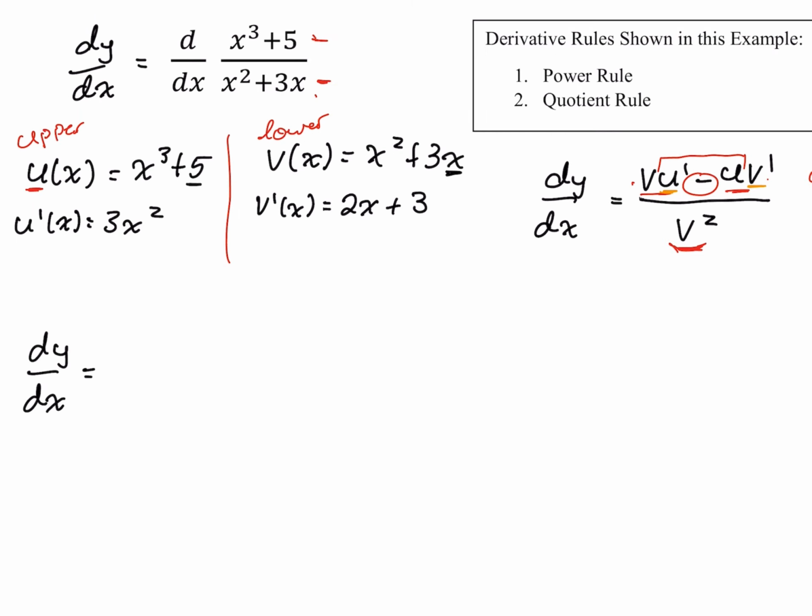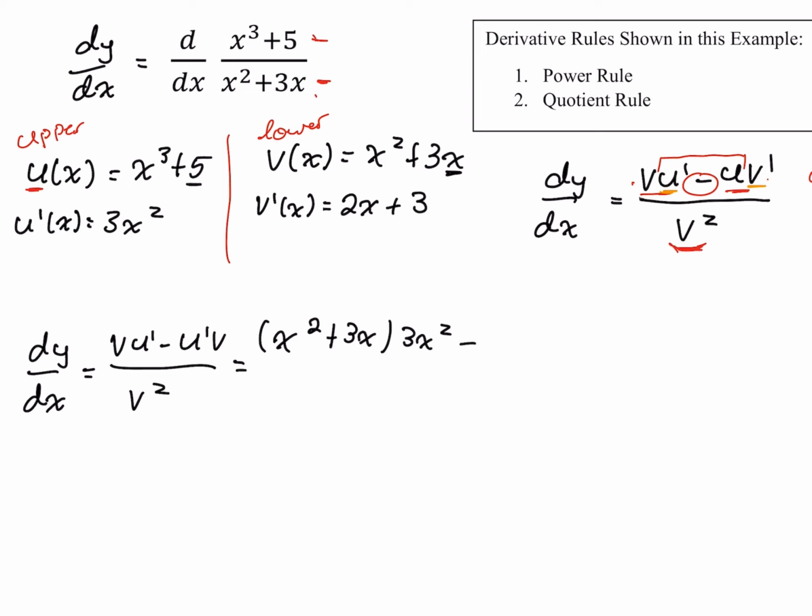dy over dx equals vu prime minus uv prime over v squared. And when we plug in, we know that v equals x squared plus 3x, and u prime equals 3x squared.